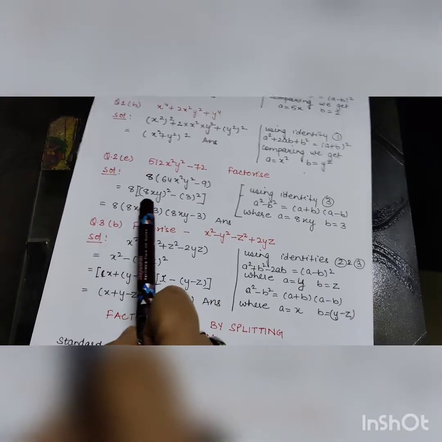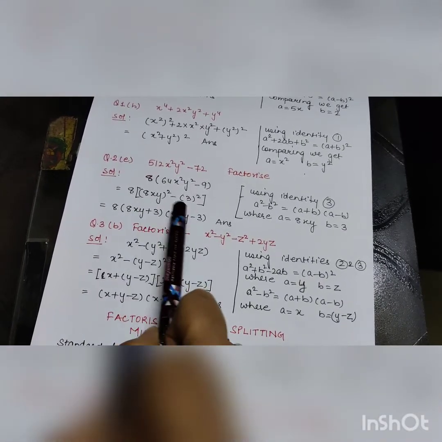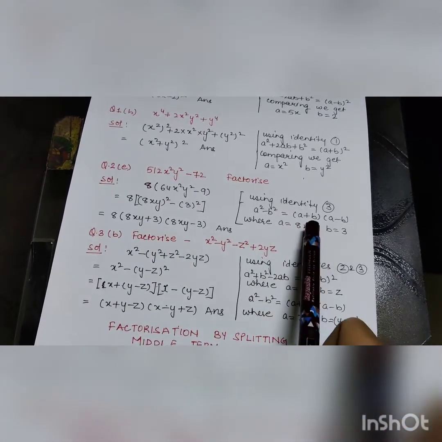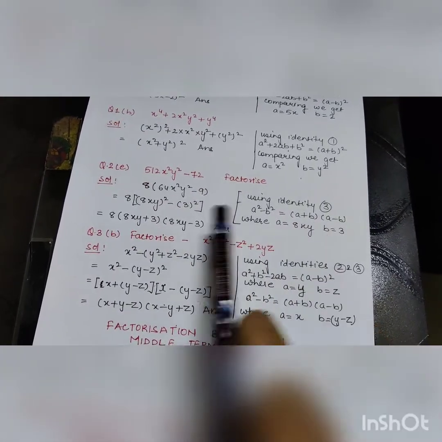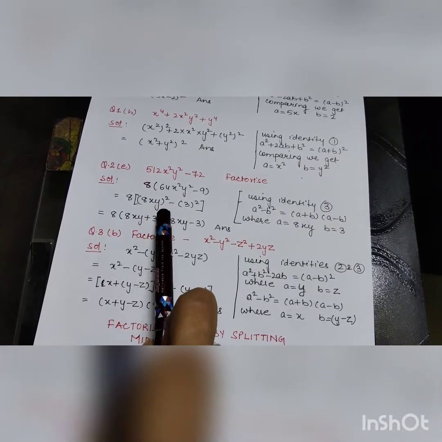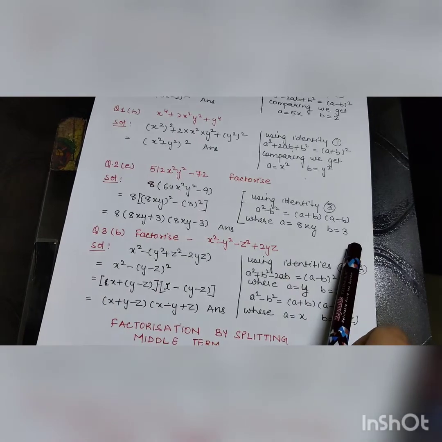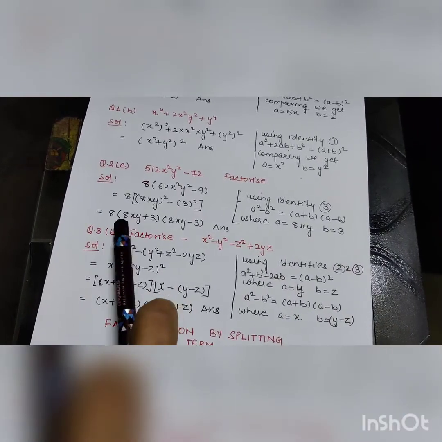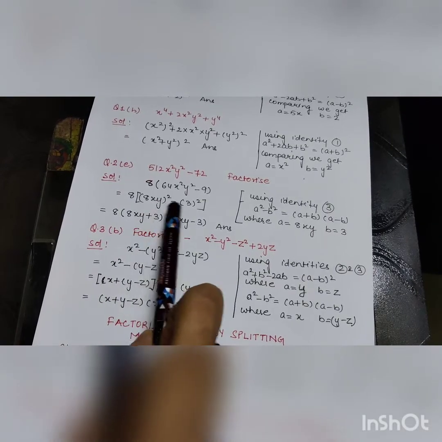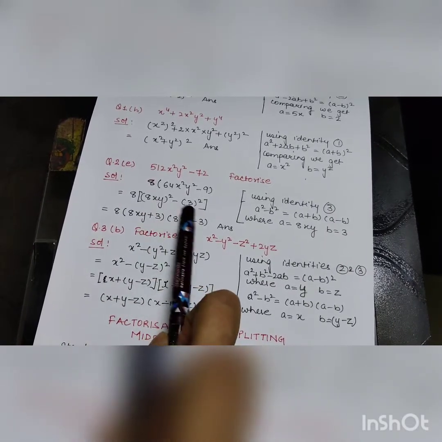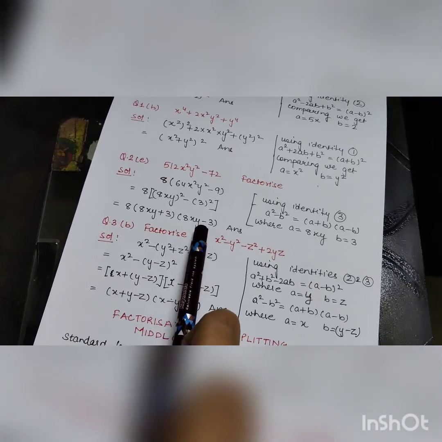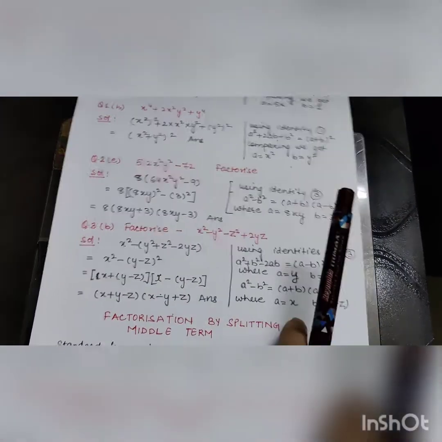So this forms a square minus b square form. a square minus b square can be factorized as a plus b and a minus b. So after comparison, we can see that a is 8xy and b is 3. So this becomes 8 here, and a plus b, 8xy plus 3, and a minus b, 8xy minus 3. So these three are the factors of this given expression.